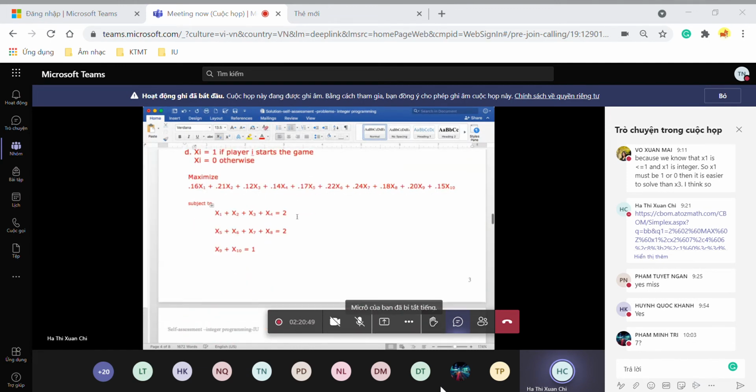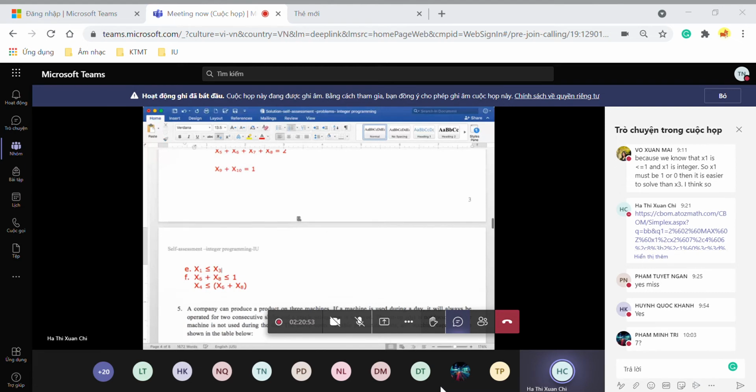Stephen is x1. So x3 minus x1 greater than or equal to 0, so what?